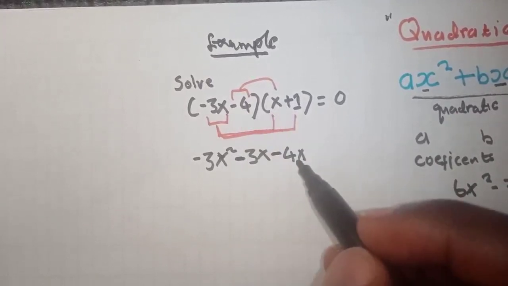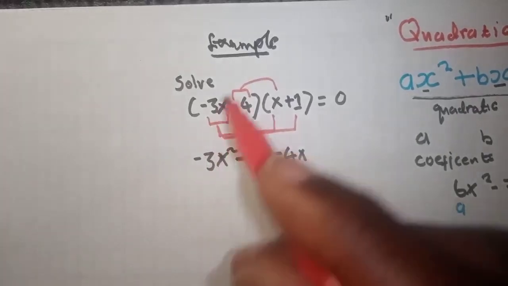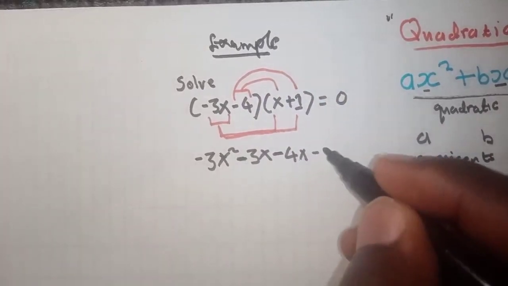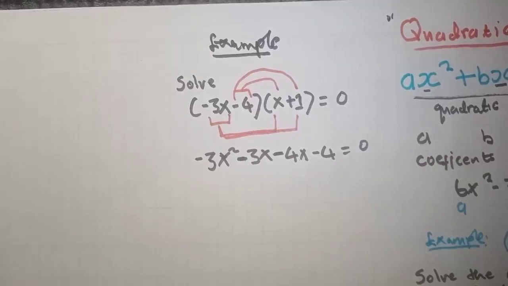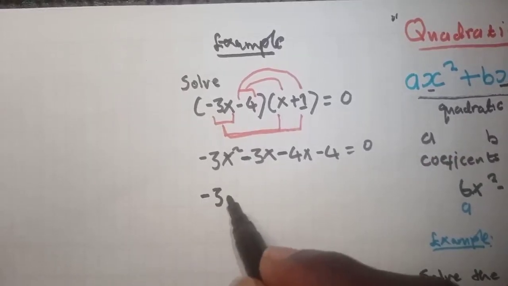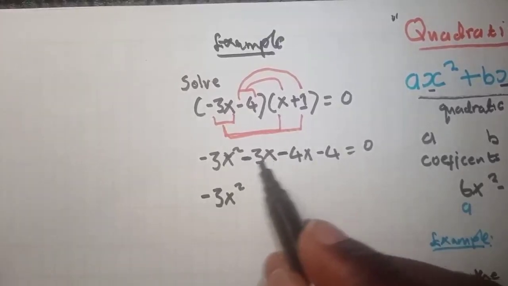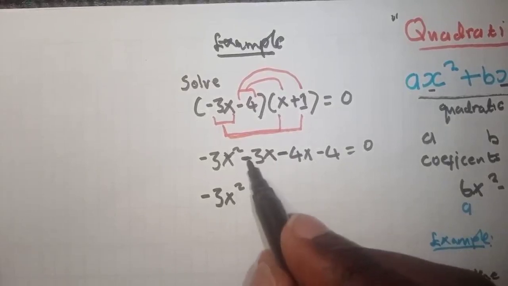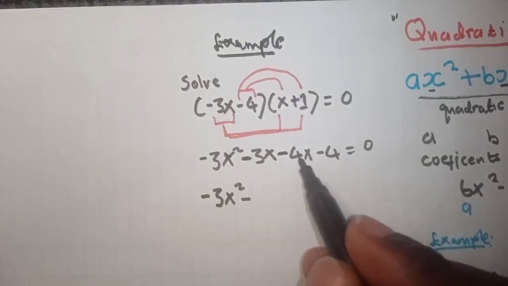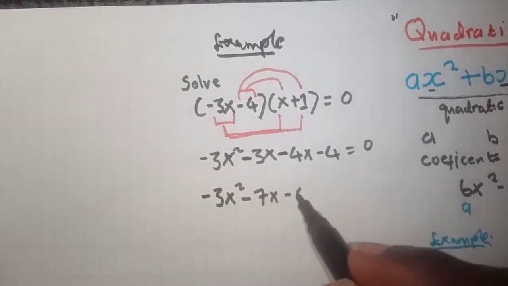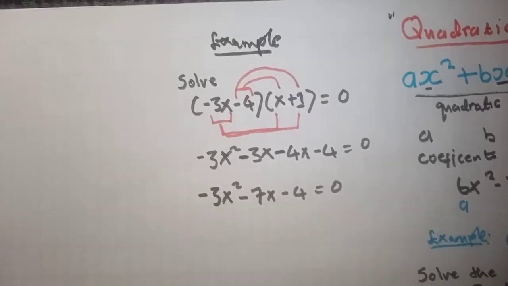Then negative 4 times positive 1 is negative 4, is equal to 0. Now, negative 3x and negative 4x are like terms, same signs, so maintain the sign and add the numbers: 3x plus 4x is 7x. Then minus 4 is equal to 0.